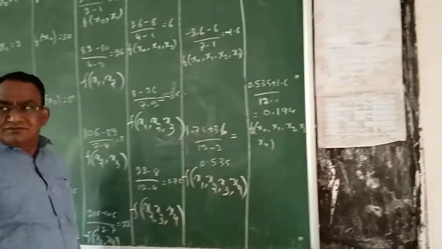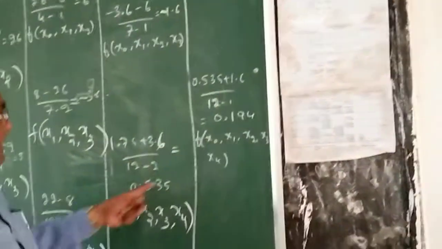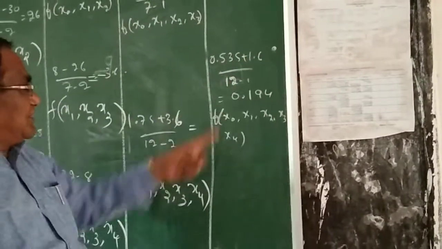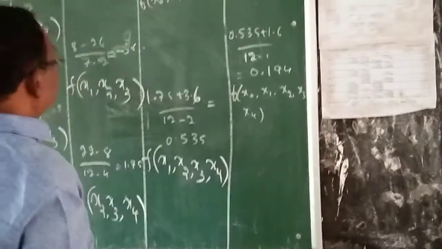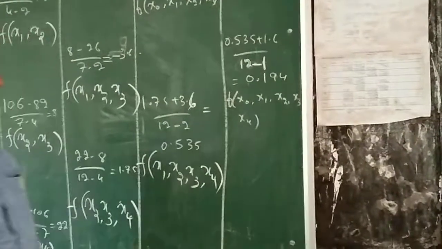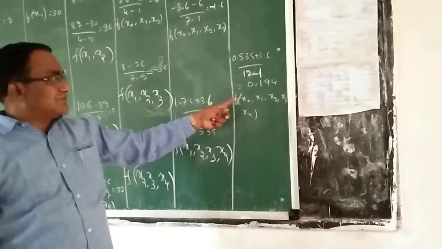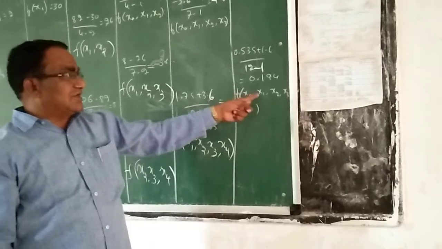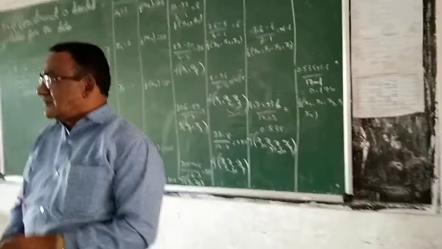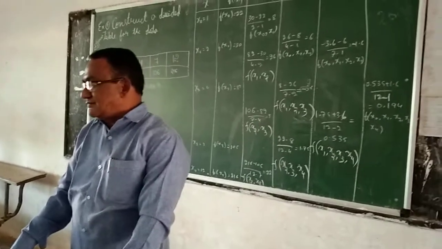Similarly, 0.535 minus minus 1.6, that is plus 1.6, divided by 12 minus 1, is equal to 0.194, which is nothing but the fourth order difference, denoted by f of x0, x1, x2, x3, x4. In this fashion, we construct the divided difference table.